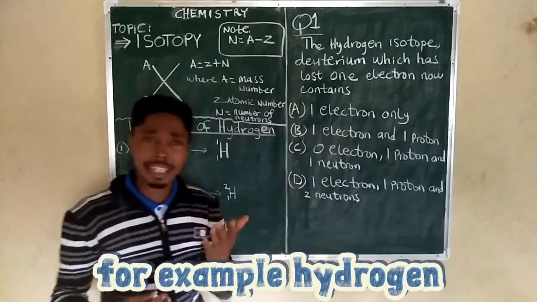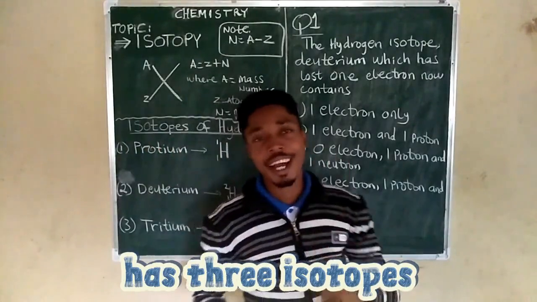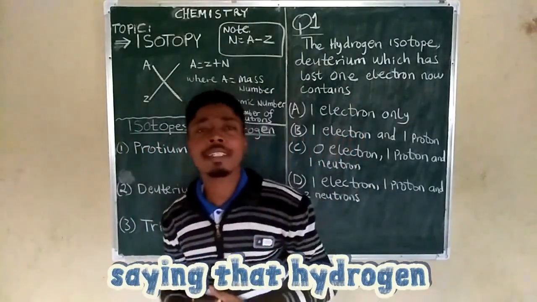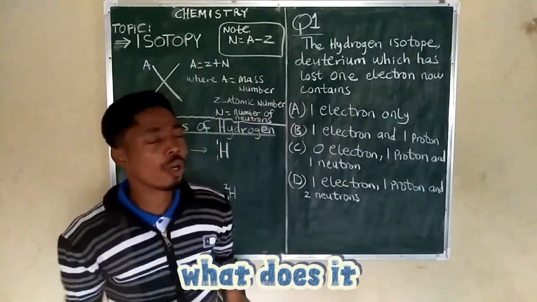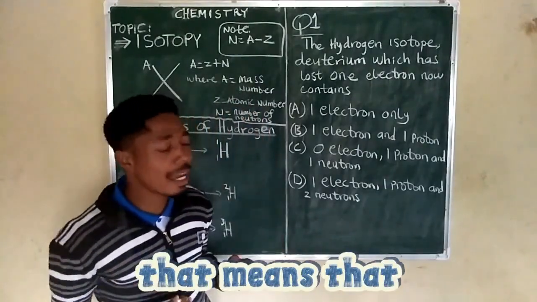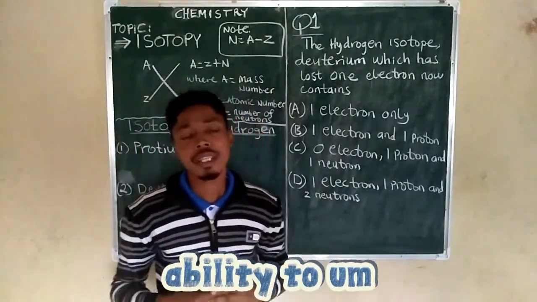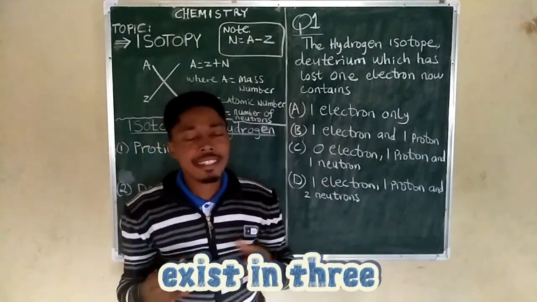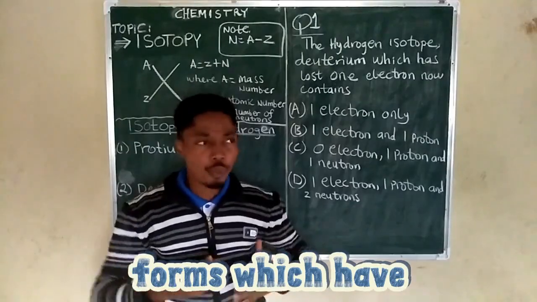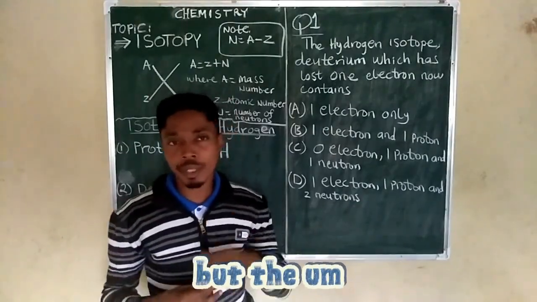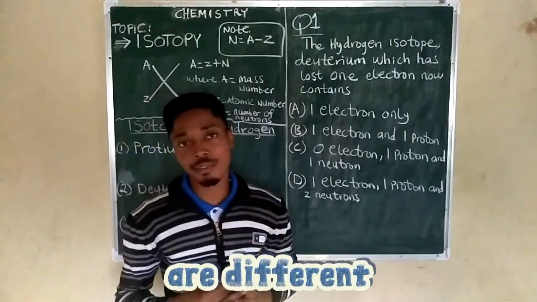For example, hydrogen has 3 isotopes. If we are saying that hydrogen has 3 isotopes, what does it mean? That means that hydrogen has the ability to exist in 3 forms which have the same atomic number, but the mass numbers are different.